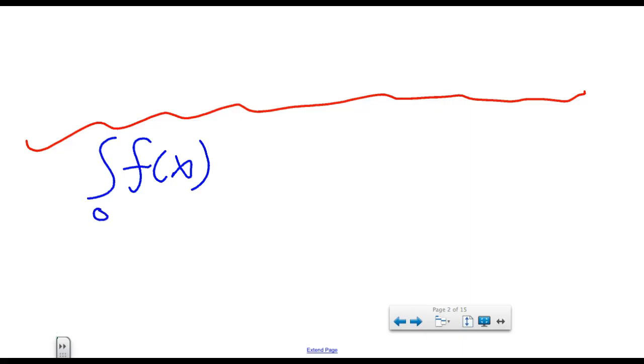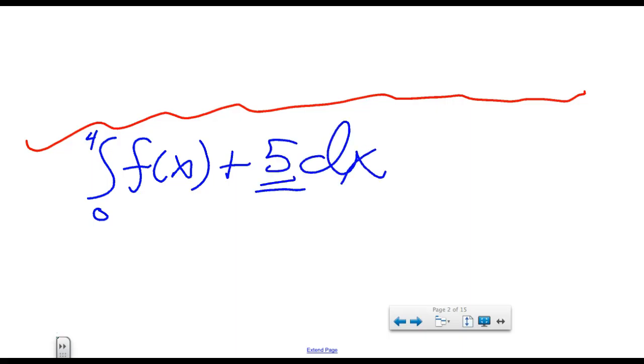Suppose you had something like this. Do you remember, because we discussed this yesterday, you're probably able to get this off of a graph or a chart or a table or by hand. What does the adding 5 do to the value of the definite integral? It adds a rectangle. And so it adds how much area? 20.